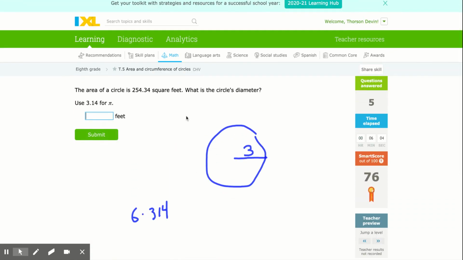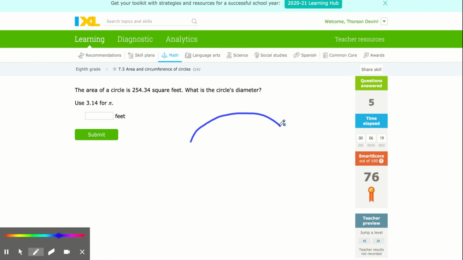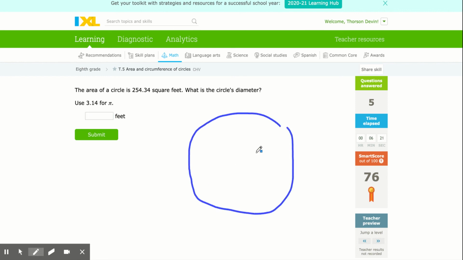If you come to any that you do have questions on, again, this one gives me the area of a circle. Oh, let's do this one. You will need a calculator for this one. The area of a circle is 254.34 square feet. What is the circle's diameter? So now be very careful. This takes 2 steps in the sense that we're first going to find the radius, but it asks for diameter. I'm reading the instructions very carefully.